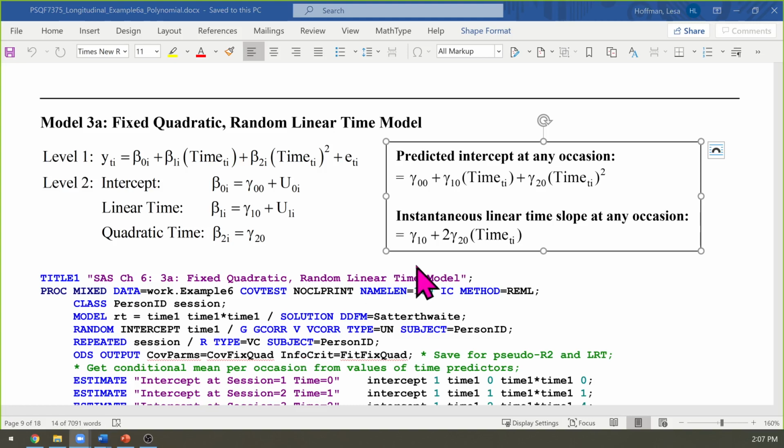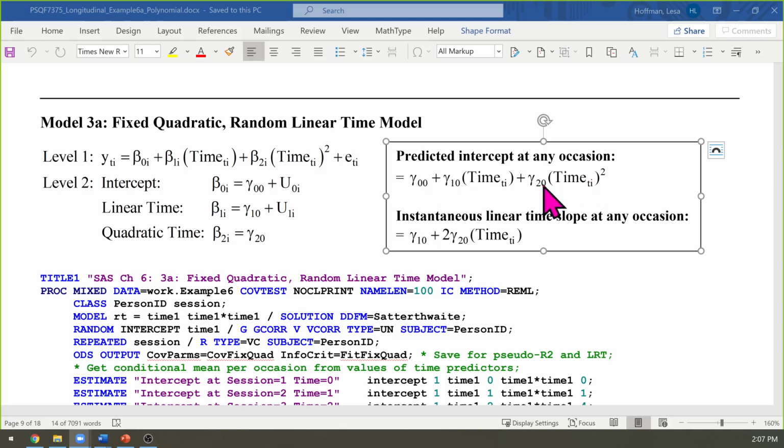So this box right here is summarizing how the model predicts what the mean outcome is supposed to be at each occasion, as well as how the model predicts what the linear rate of change is supposed to be at each occasion. Both of those can be found as linear combinations of the fixed effects. So the equation for how one would create y hat, a predicted outcome from the overall U-shaped trend, is the fixed intercept, gamma 00, plus the fixed linear slope times time, plus the quadratic slope times time squared.